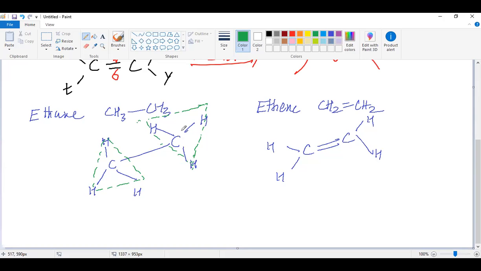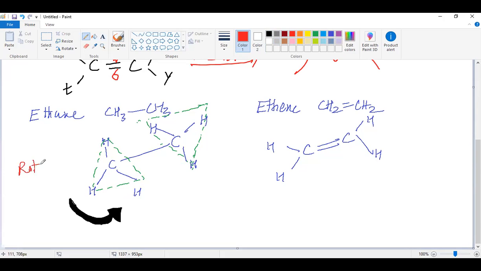Which I have shown you. Now if we start giving rotation, suppose we start giving rotation to this plane in this particular direction, this way. If we allow this plane to rotate in this direction, this kind of rotation is allowed in ethane.